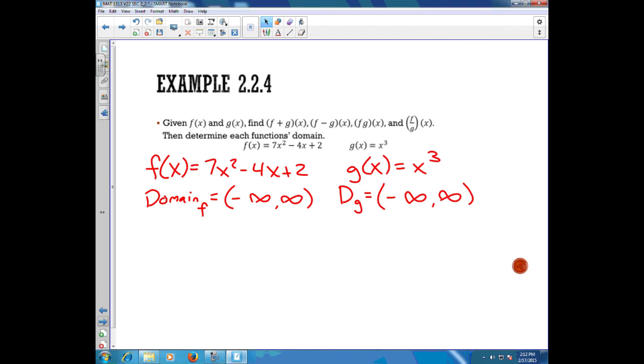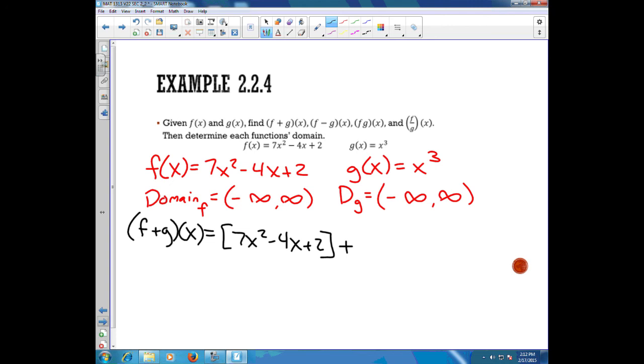So to find f plus g of x, f plus g of x is just f of x, so 7x squared minus 4x plus 2, plus g of x, which is just x cubed. There are no like terms, and so we just get x cubed plus 7x squared minus 4x plus 2.